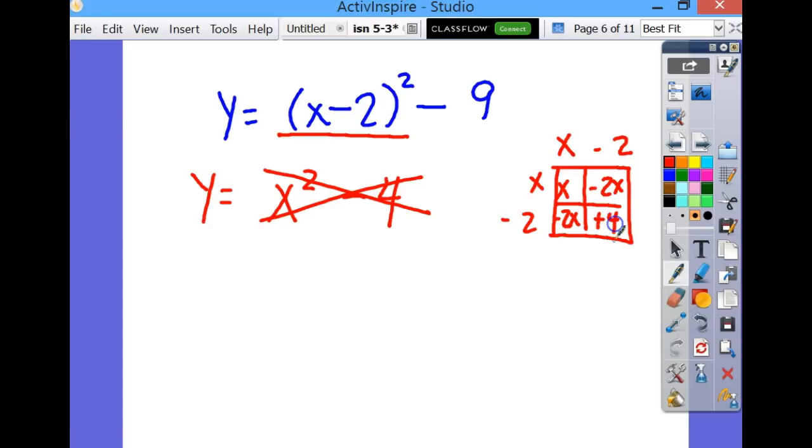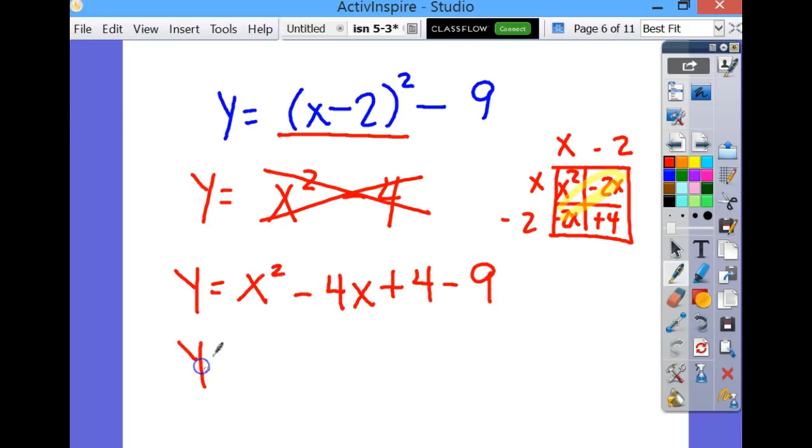And on our box problem, then we combine like terms. So the correct way to multiply that out is x squared minus 4x plus 4 minus 9.